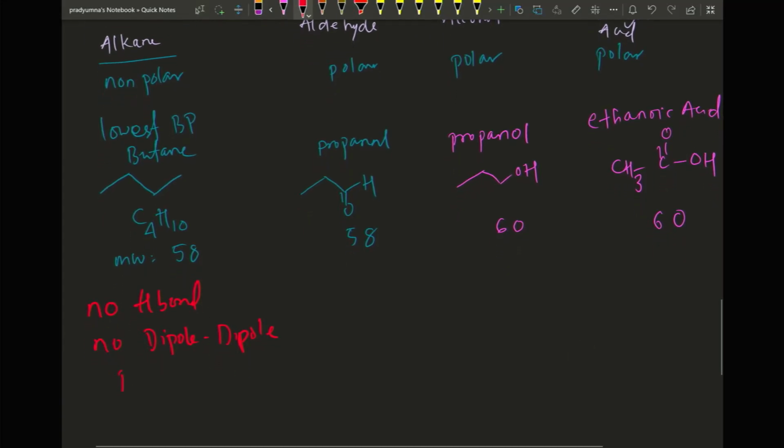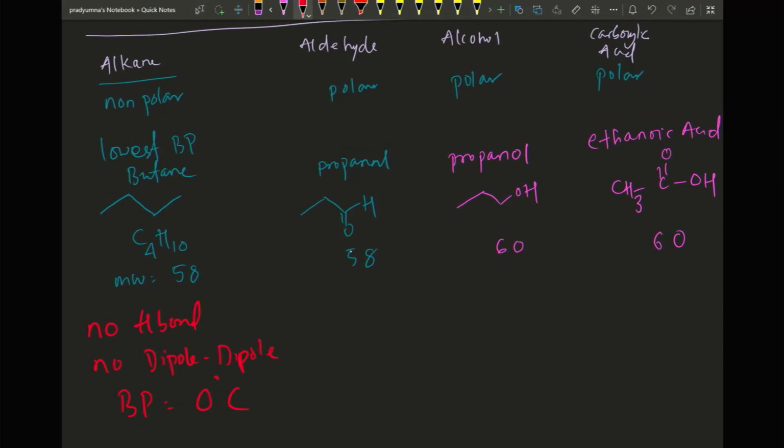So the boiling point for this one is 0 degrees Celsius. Propanal: obviously no hydrogen bond, but it can do dipole interactions. So the boiling point for this one would be slightly higher.